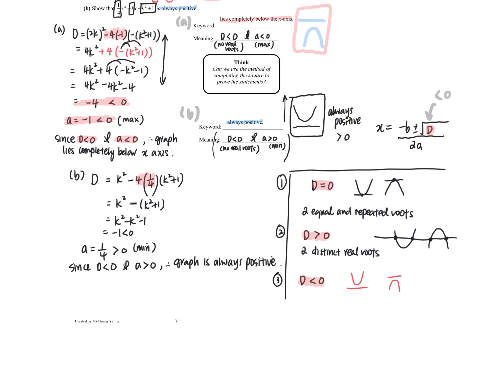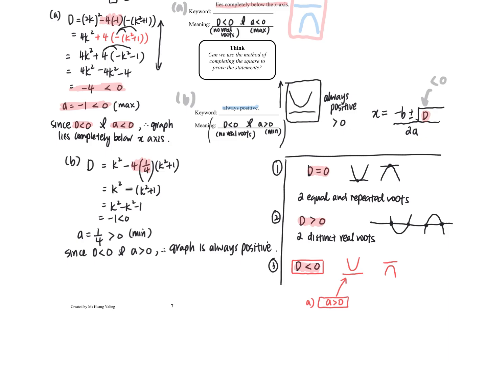So when it is this case, we section it out. There are a few criteria. Either then it has no real roots, it must be a minimum curve. So two criteria here. So this is case 3A, 3B, total 4 cases. And then sometimes they describe it as an always positive graph.